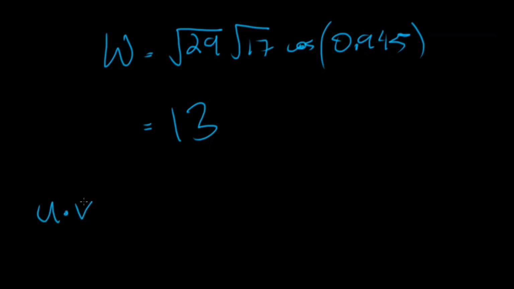U dot V, which is equal to the magnitude of U times the magnitude of V times the cosine of the angle between them, is equal to, so the dot product of 2, 5, and 4, 1 is 13. There you go, the dot product in action.